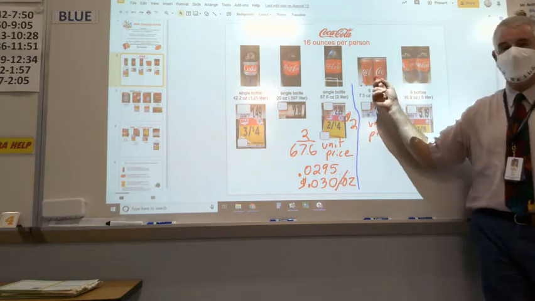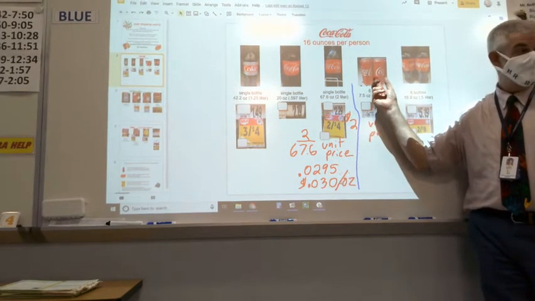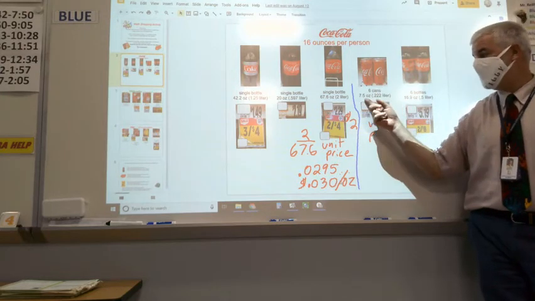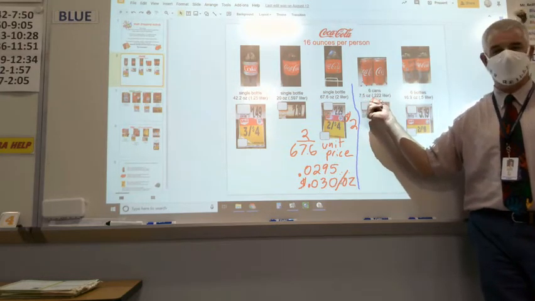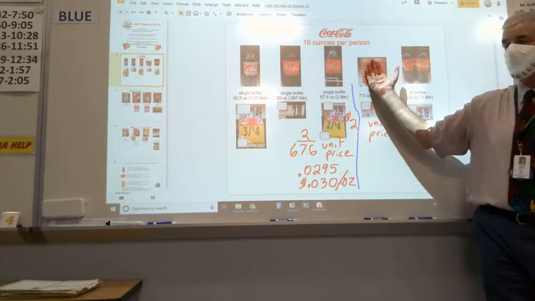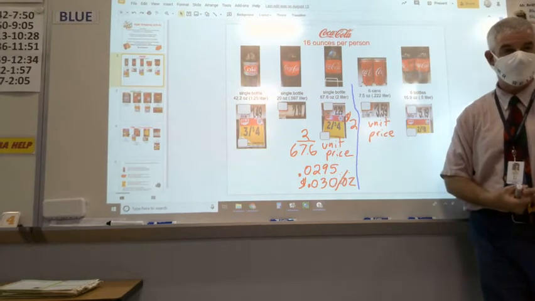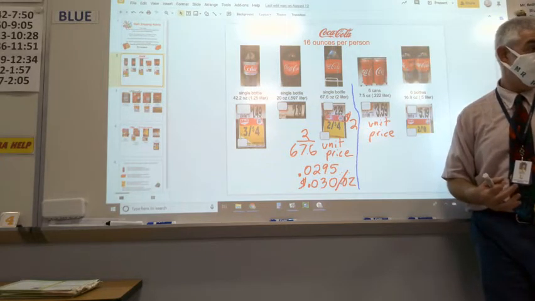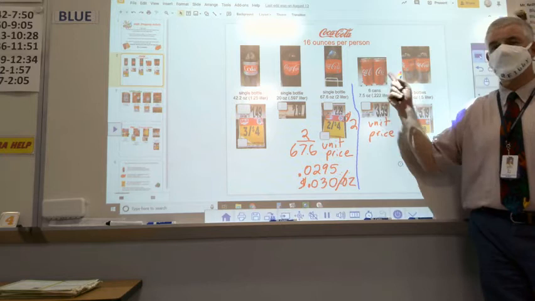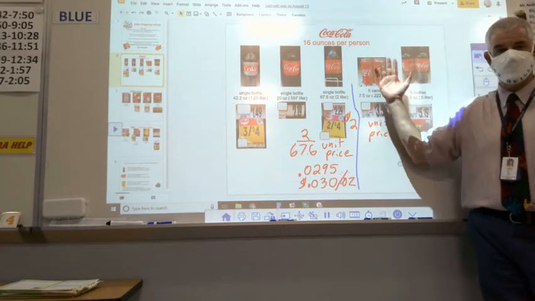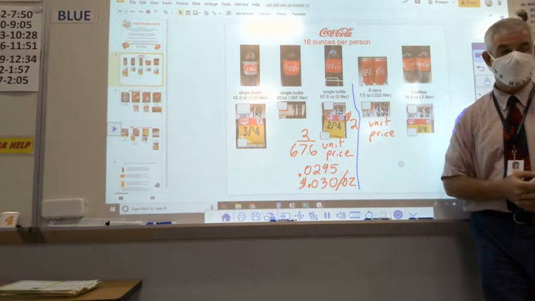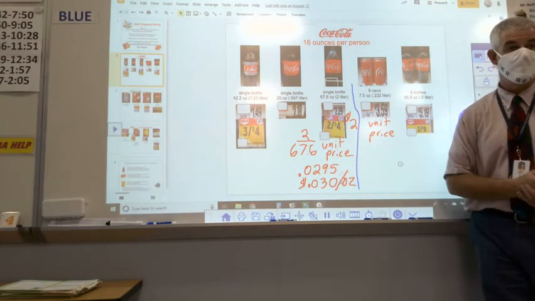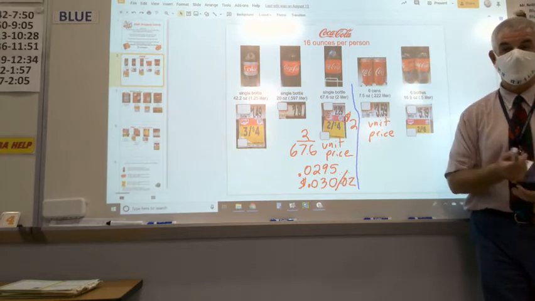The 6 is how many cans there are. It costs $3.59. There's 6 cans, and each can is 7.5 ounces. How much Coke is there in this pack? Before you get to your answer, Ron, because I think you're going in the right direction, how many ounces of Coke are you buying in this packaging? How many ounces of Coke are there if you buy this 6-pack of cans? How do you calculate that?